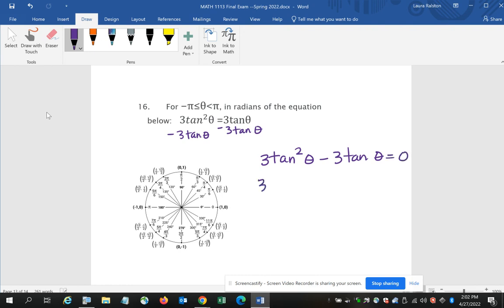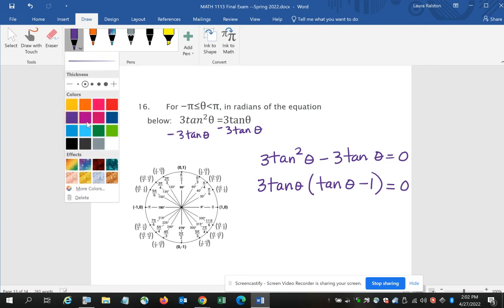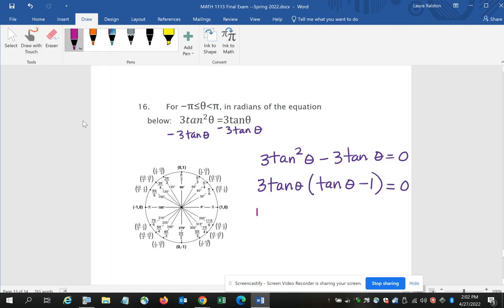I have a common factor of 3 and tangent, which leaves me with tangent theta times tangent theta minus 1. That equals 0. So then I know that either tangent of theta is 0 or the tangent of theta minus 1 is 0. If I solve that for tangent, I have tangent of theta equals 1.